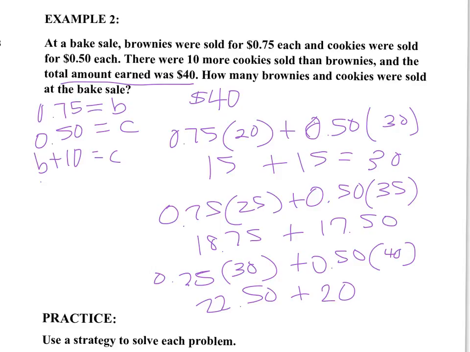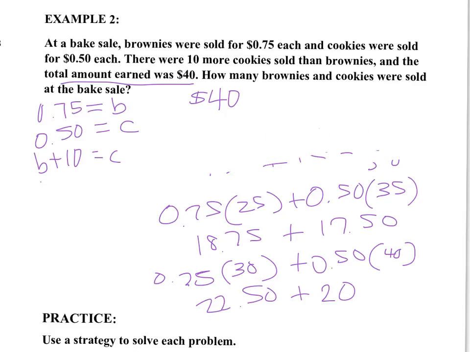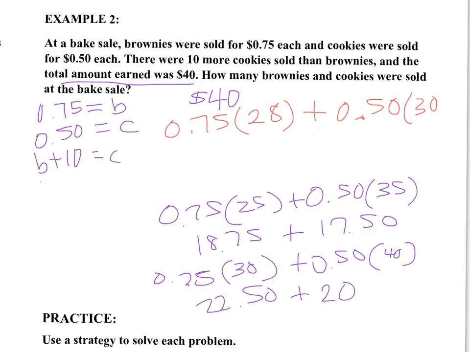So what I can do is go back, and since I know 20 doesn't work, I can guess a little bit higher than 25, but lower than 30. So I'm going to guess for 75 cents of the brownies, I can multiply by 28, plus the 50 cents times 10 more, so I'm going to add 38, because again, there are 10 more cookies than brownies.